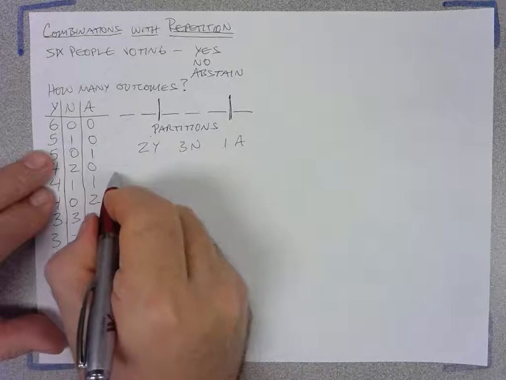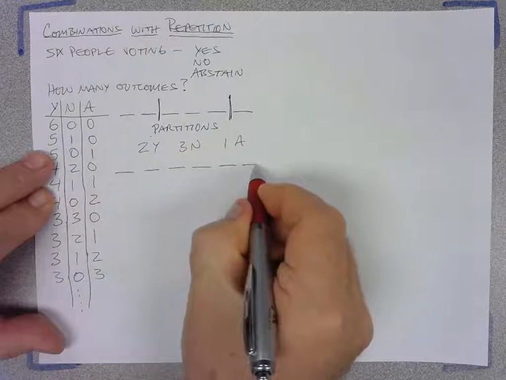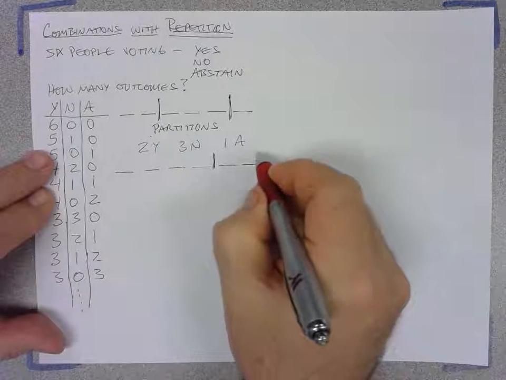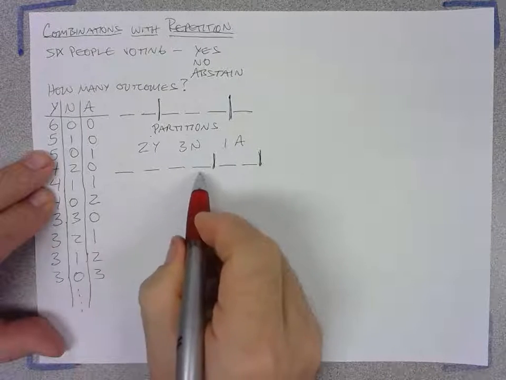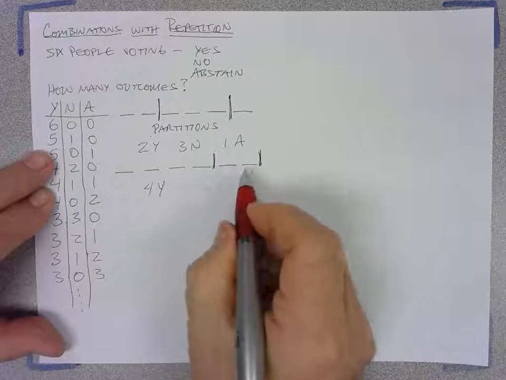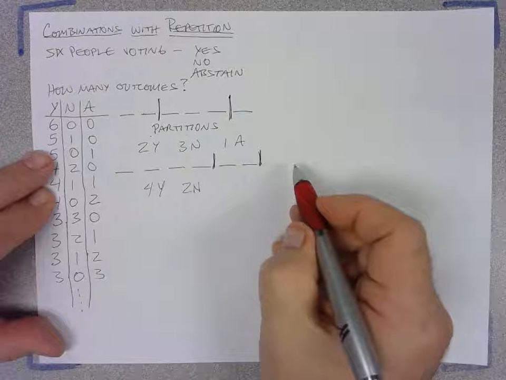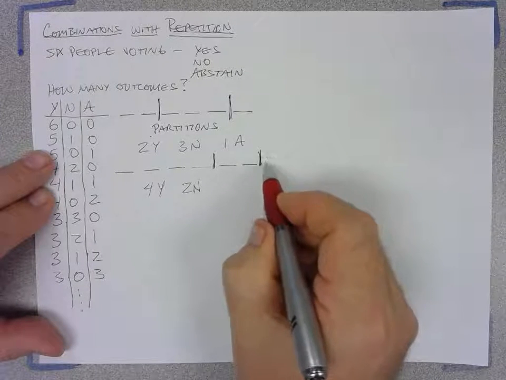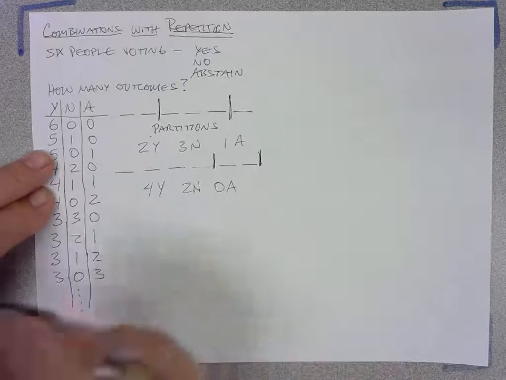Let's try something else. 2, 3, 4, 5, 6. What if I put 1 partition here and 1 partition there? We have 4 yeses, 2 no's. There's nothing to the right of this second partition. That means that nobody abstained.